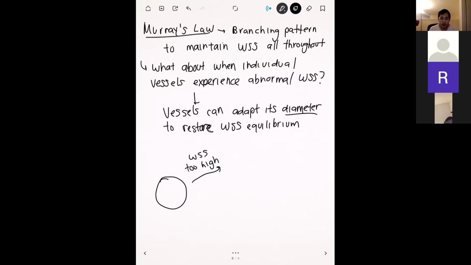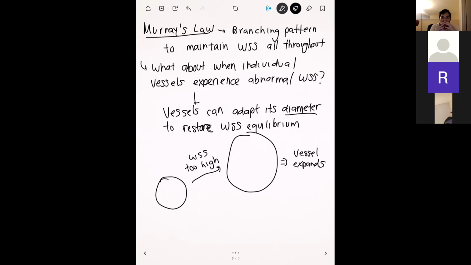One way to do that is to expand your blood vessel, okay? You can make it bigger. Because what this will do is spread that velocity over a larger surface area, and that results in a lower wall shear stress, okay?